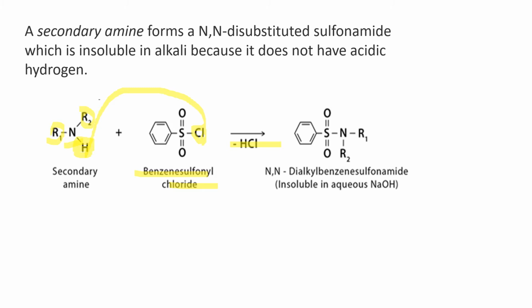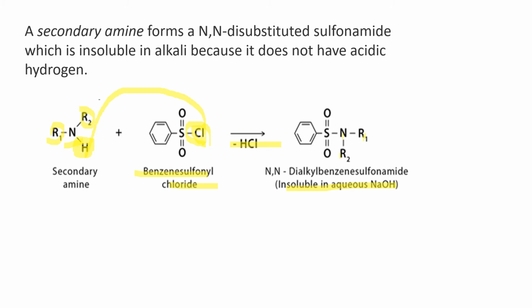Now what is remaining here is NR1R2, and that is substituted for this place, forming N,N-dialkyl benzene sulfonamide. Now, this precipitate formed is insoluble in aqueous NaOH.